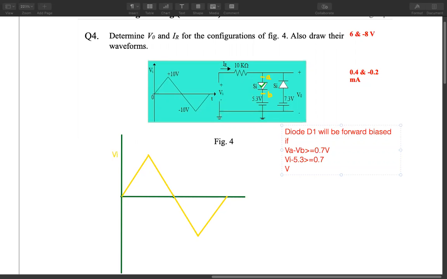That means VI should be greater than or equal to 6 volt. So this is the first condition for diode D1. So I simply draw a line at 6 volt. This is 10 volt, so 6 volt will be around here, and this will make diode D1 forward bias.